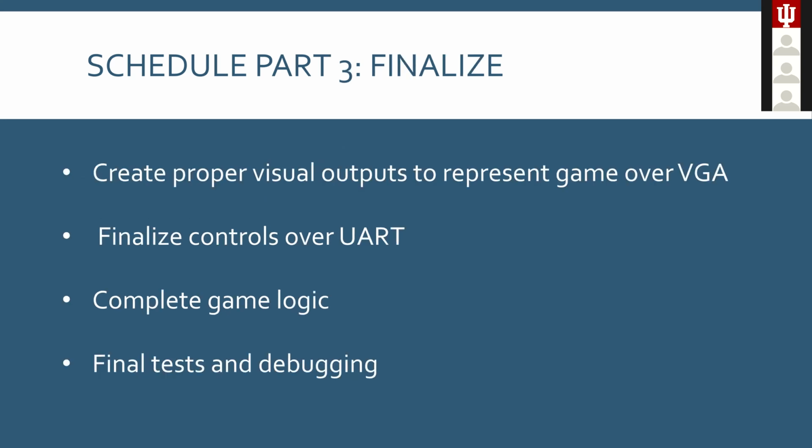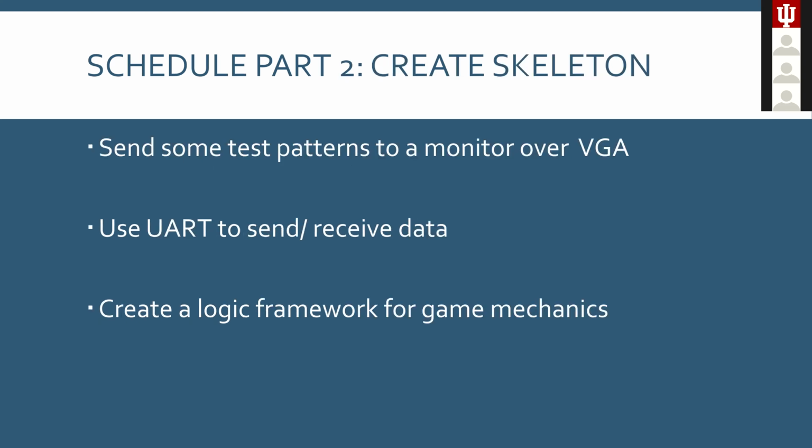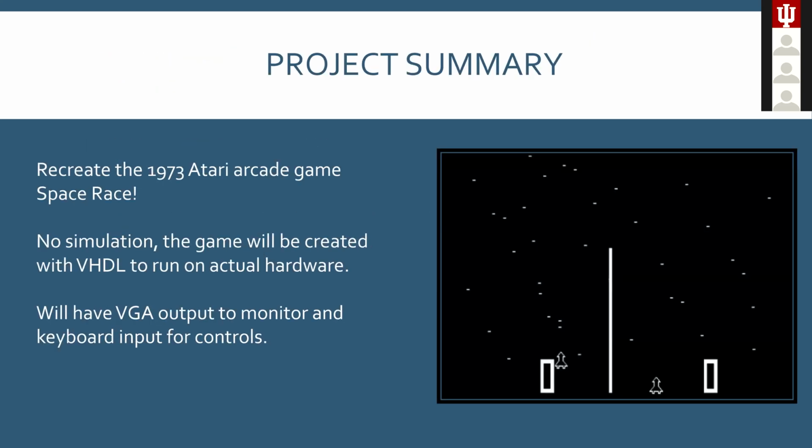And then in the last chunk, near the end of the class, end of the semester, finalizing the outputs over FPGA to actually match what they need to for the game. Finalize controls, get that working. Hopefully get 2-player working, because Space Race is a 2-player game.